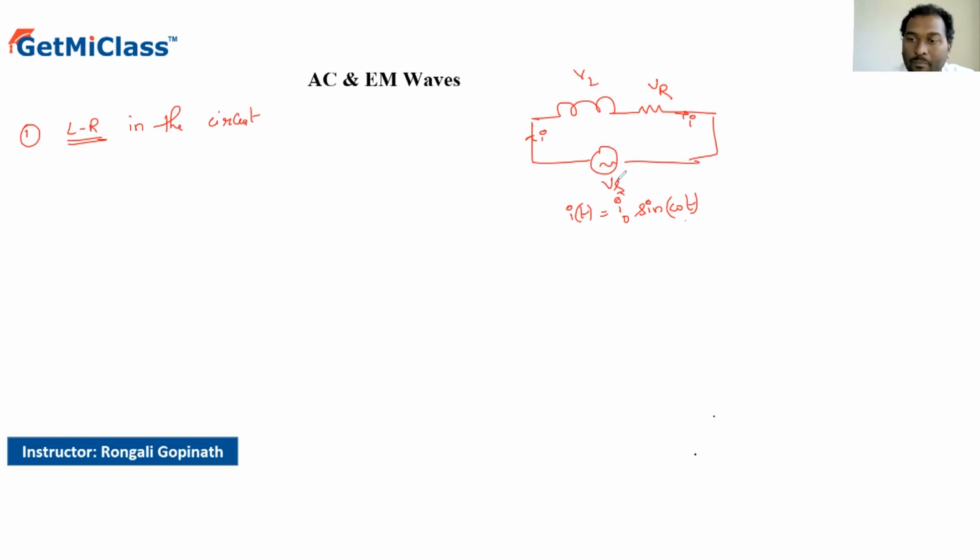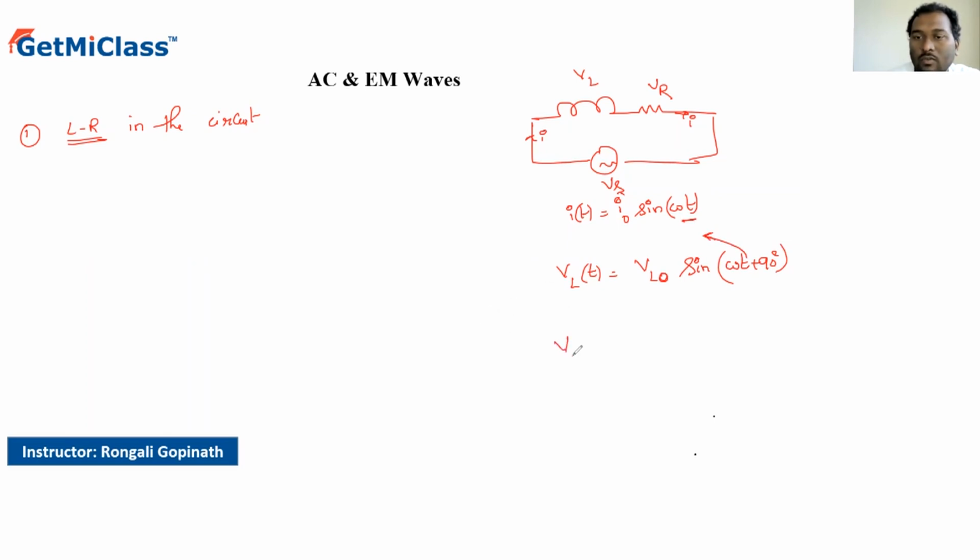Why? Because I know that in an inductor, the current lags the voltage by 90 degrees. So from there, I can say the voltage across the inductor is VL0, the maximum voltage on the inductor, into sine of omega t plus 90 degrees, because only then will the current lag the voltage by 90 degrees.